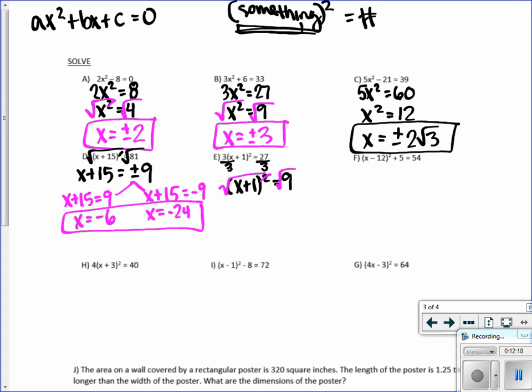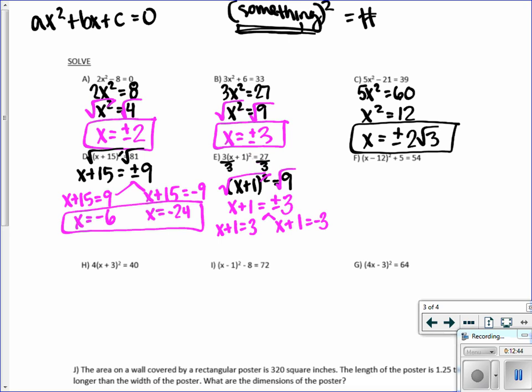That eliminates the parentheses and the squared part, so it's x plus 1 and plus or minus what number? 3. So we are now solving that equation 2 different times. Once where x plus 1 equals a positive 3, and again where x plus 1 equals a negative 3.